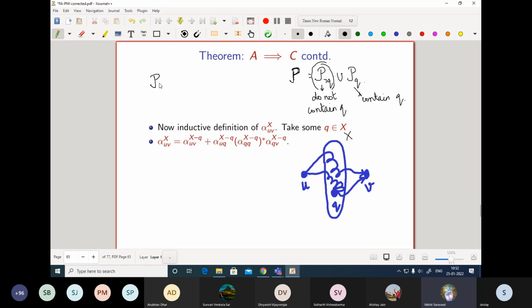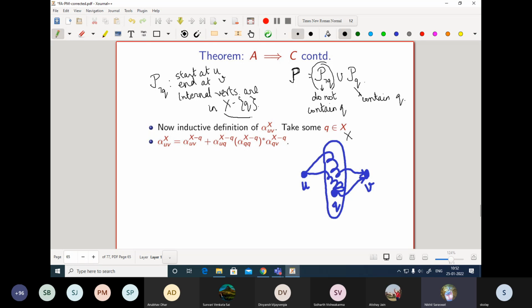P_notq, they again start at u, end at v, but internal vertices are in x minus q. They are not taking q, so they take something from x minus q.